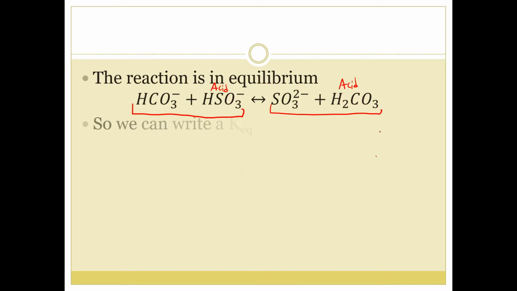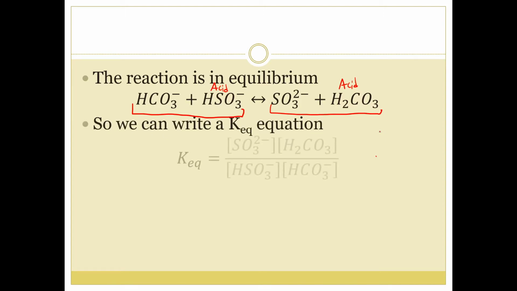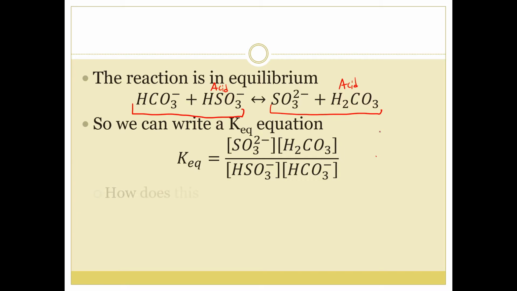So what we can do is write a KEQ equation to help us figure this out. Now here's the KEQ equation written out, and currently it doesn't look like it means much other than this is just how we would normally do any other KEQ equation, right?